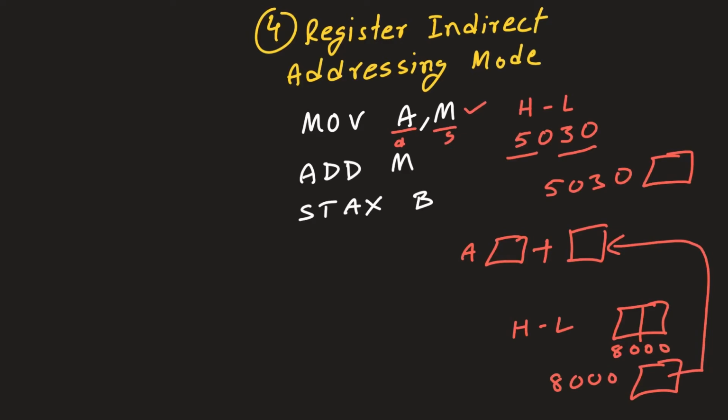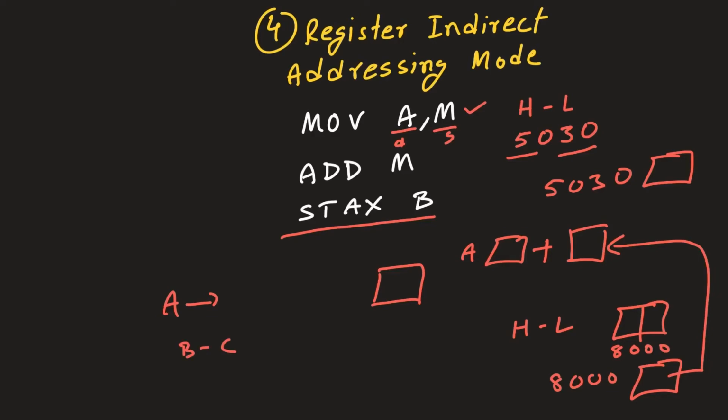Now in the first two examples, HL pair was used as a memory pointer. In the third example, register pair BC is being used as a memory pointer. STAX B means the content of the accumulator will be transferred into some memory location. The address of the memory location is now given by the BC register pair.